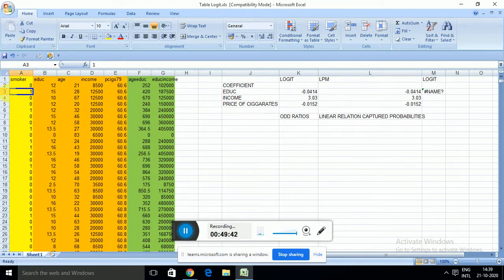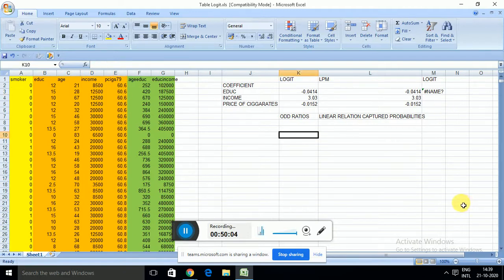I'm looking into the third observation, and this particular boy has attained 15 years of education, his age is 28, his income is 12500 and his price of cigarette is $60.6.